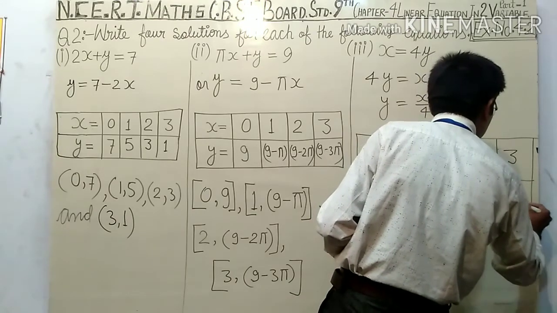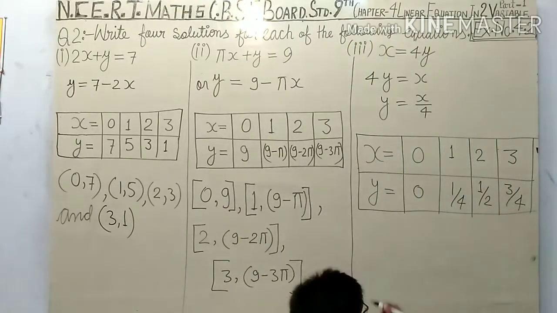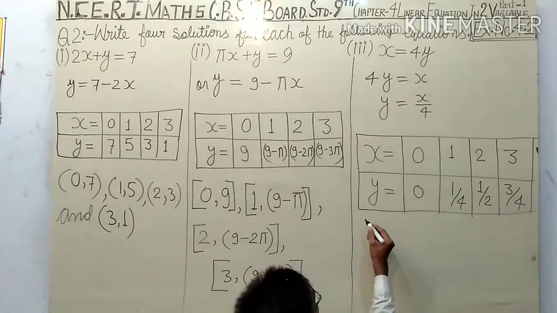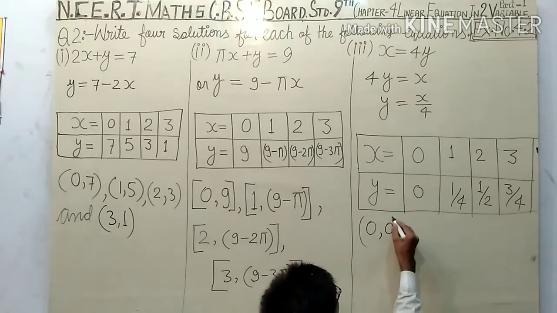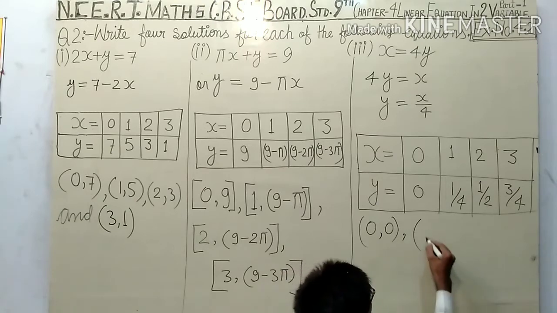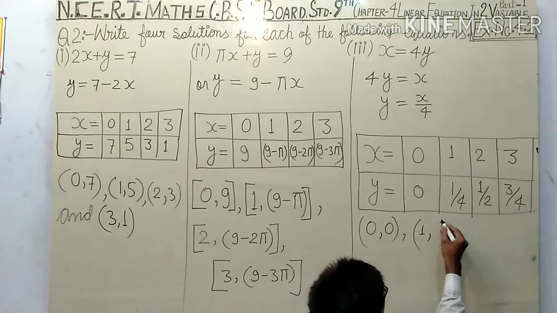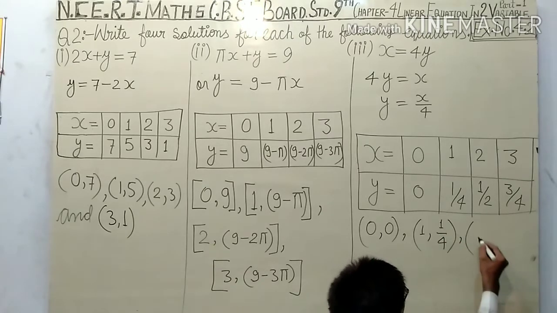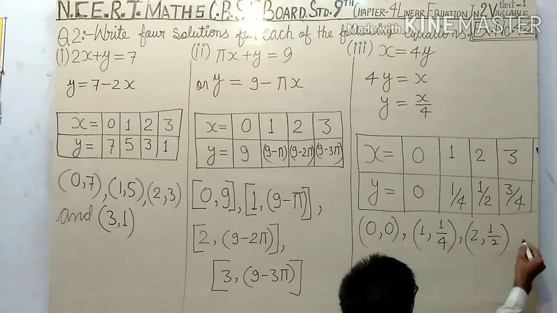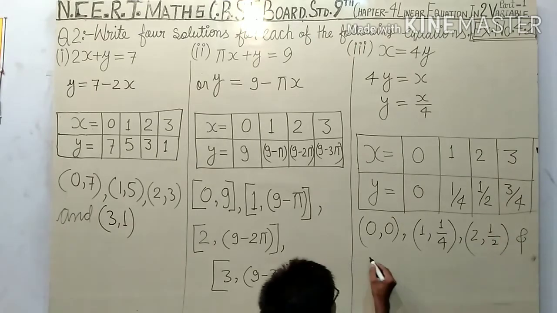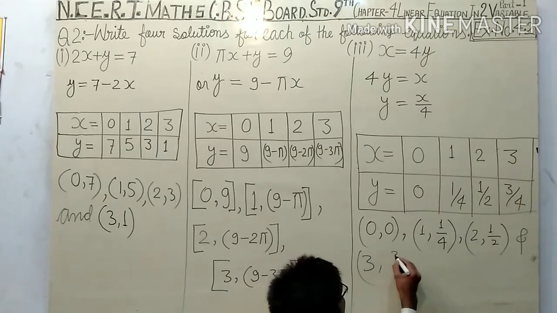So now you may write the values: 0, 0, 1 and 1 upon 4, 2 and 1 upon 2, and 3 and 3 upon 4.